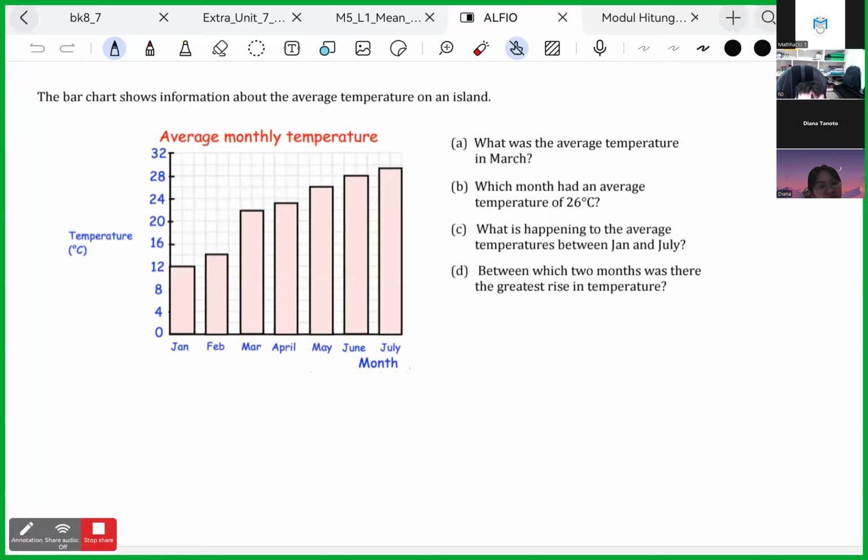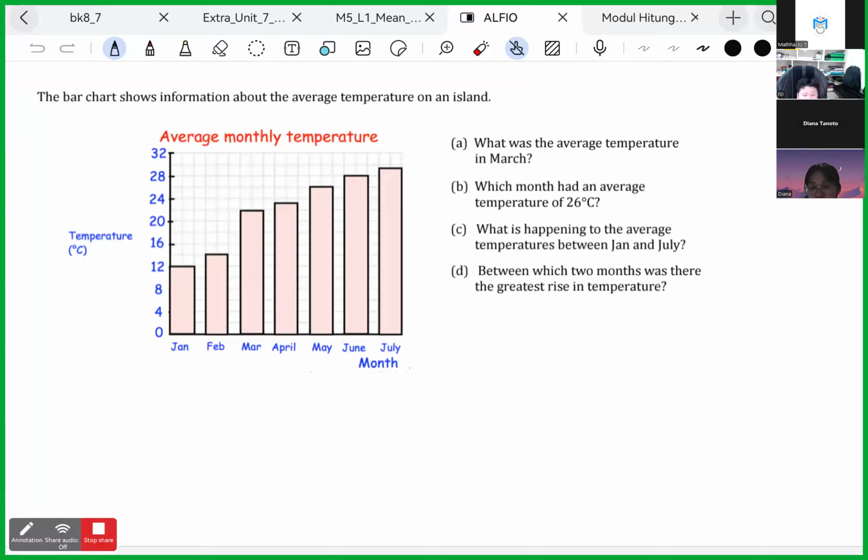Median. Add all the numbers. Okay, do number A first. See the bar? Add them all. Wait, no. For March, median.